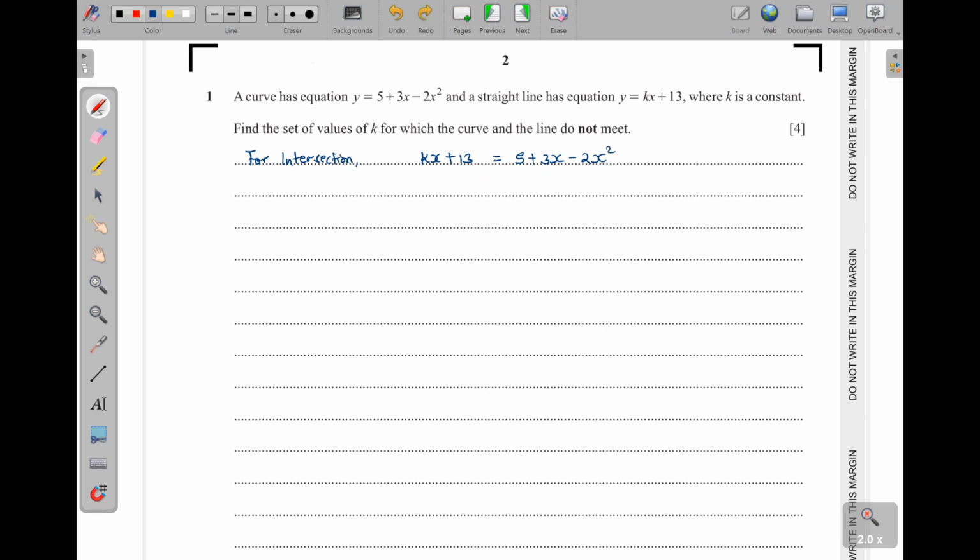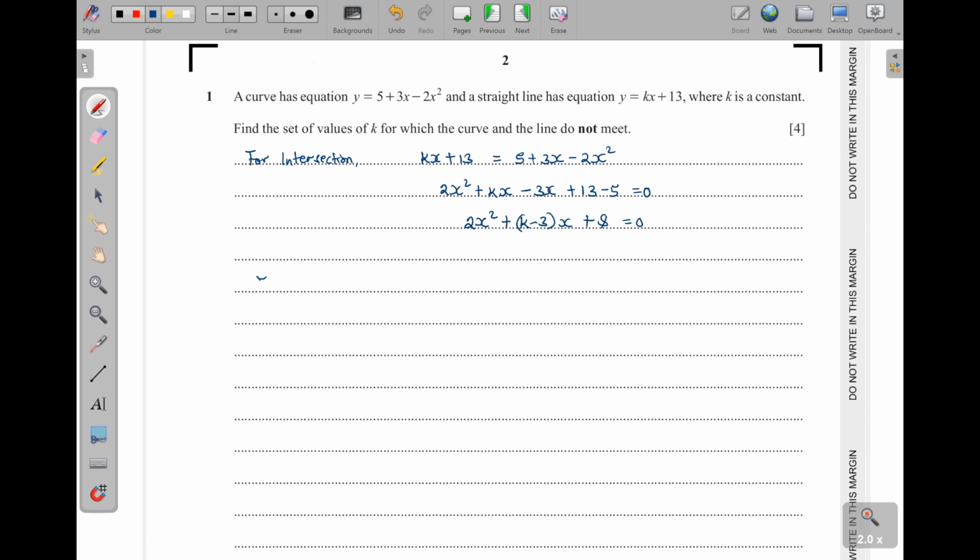So when I take the 2x squared this side, it is going to be positive. And then this one here, we shall have that kx, then minus the 3x, then we shall have the 13, then subtract 5, then simplified to 2x squared, then plus k minus 3. When I factorize out the x, then plus this will be 8.